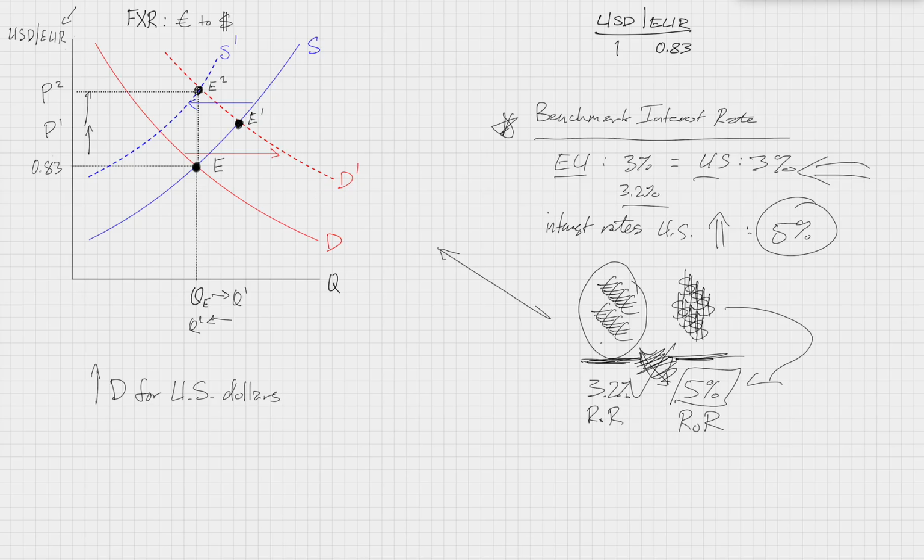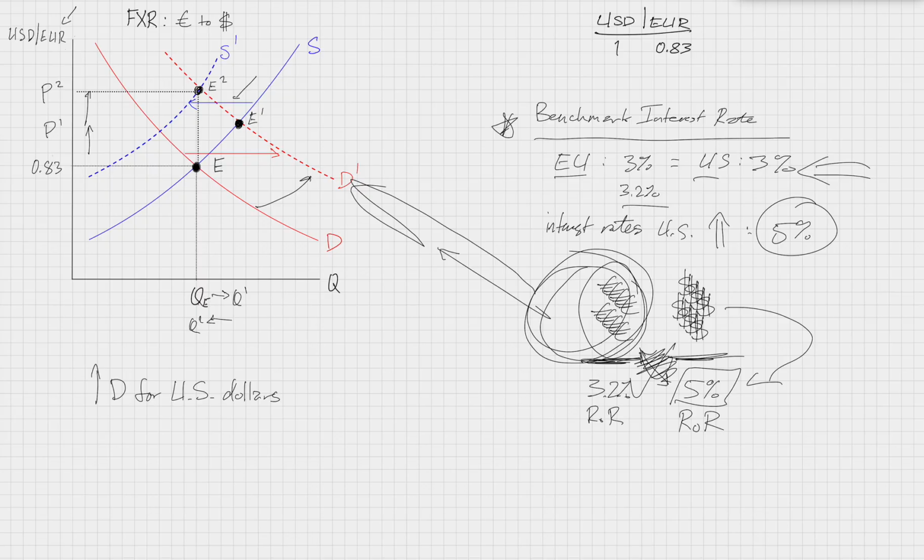Sorry, I'm going to go back to my actual pen here. And then there's a bit of a supply shock to the dollars that are already in the market, shifting our supply curve inward. We come back to our equilibrium quantity, given that supply shock, the increase in demand for US dollars and the decrease in the supply of US dollars because of all the euros flooding this particular FXR market.